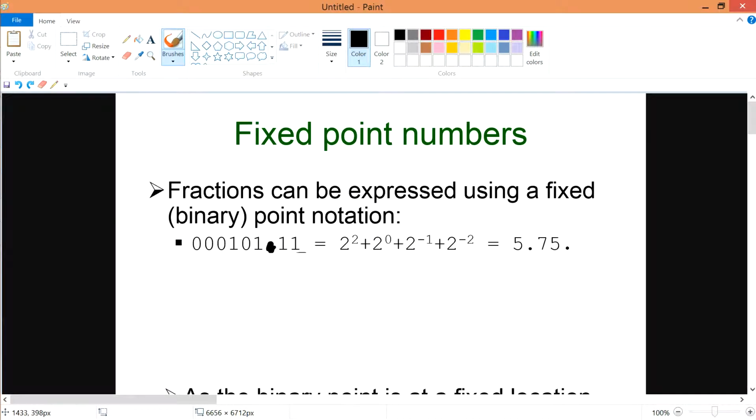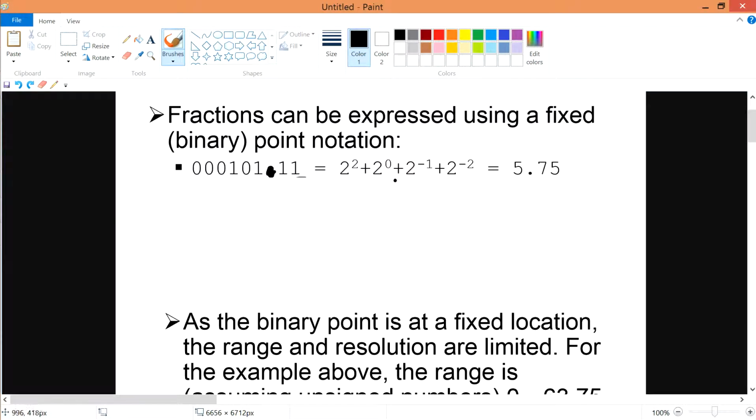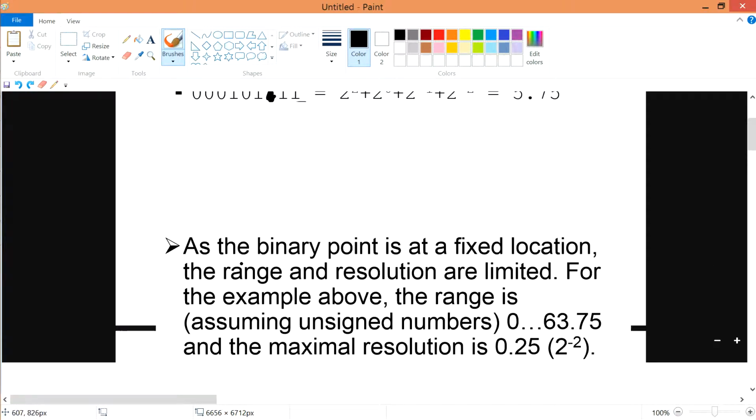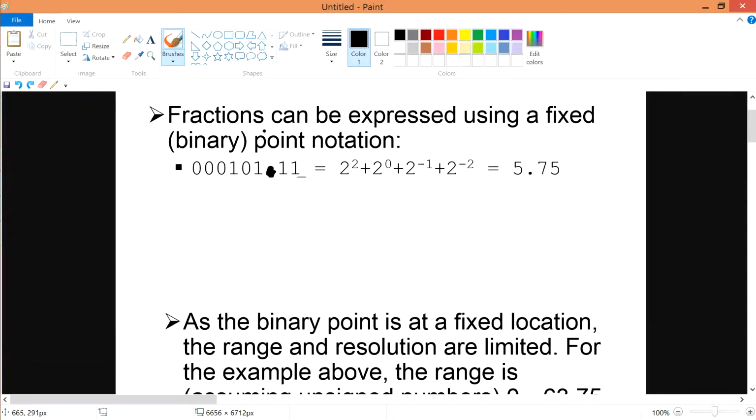It's fixed because you have fixed your powers of 2 as negative 1, negative 2, etc. Therefore the range and your resolution are quite limited. Your range, for example here, is from 11111 to 00000, and what is in between is the range you can work with.